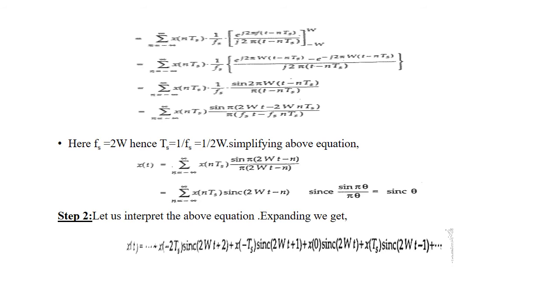Substituting the limits, we get summation n = -∞ to +∞ of x(nTs) 1/fs times [e^(j2πW(t - nTs)) - e^(-j2πW(t - nTs))] divided by j2π(t - nTs).